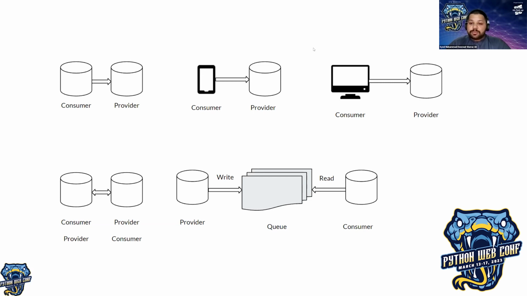Our single page applications or React-only applications are a good example of a consumer, where they are using the backend APIs to power the behavior of the single page application. An application can be both consumer and provider depending on the context, so it's fairly normal. And for queues, the queue is the provider or the application writing to it, and the application reading from the queue is our consumer.